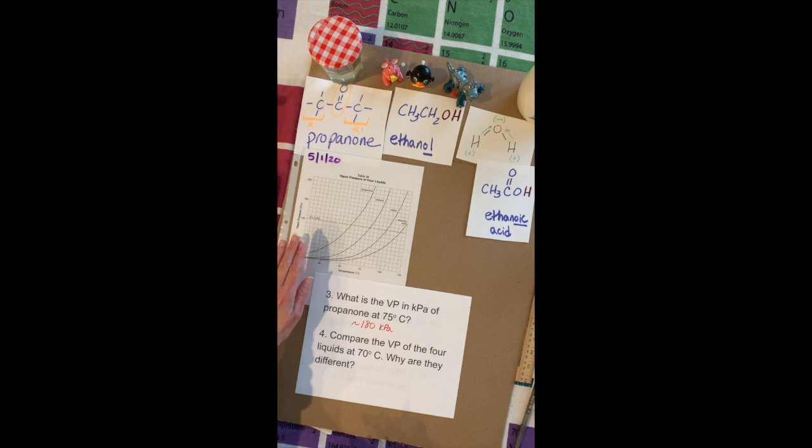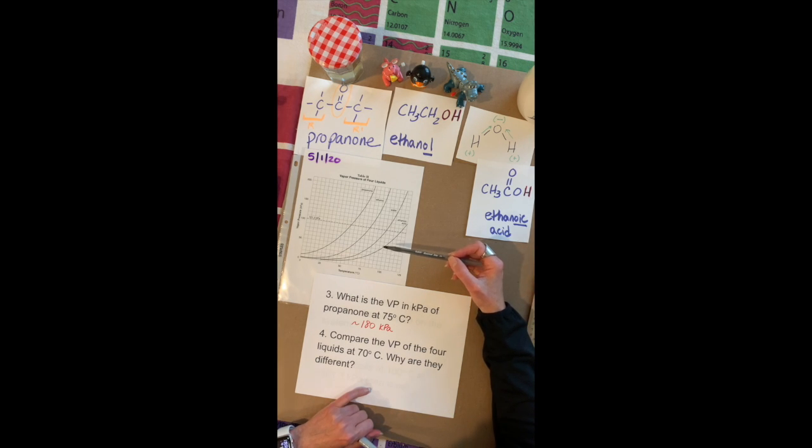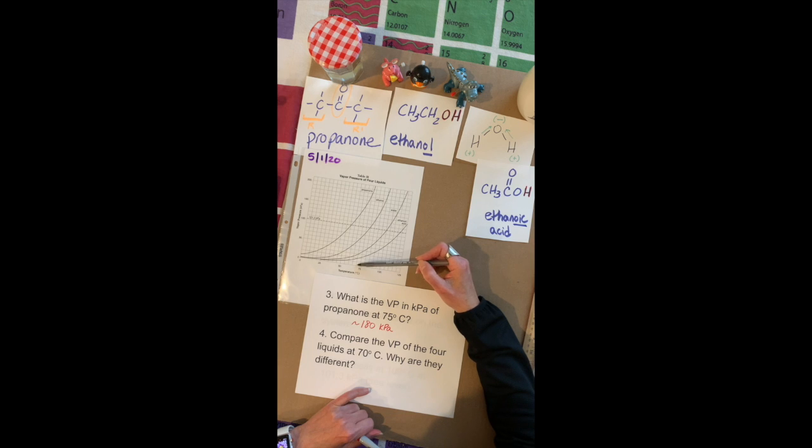Let's compare now the vapor pressure of the four liquids at 70 degrees Celsius. So we're going to keep the temperature the same, but let's look at what those relative vapor pressures are. So at 70, 55, 60, 65, 70. Okay, so at 70, we're looking at, for ethanoic acid, approximately 20-ish kilopascals. And water is approximately 30 kilopascals.